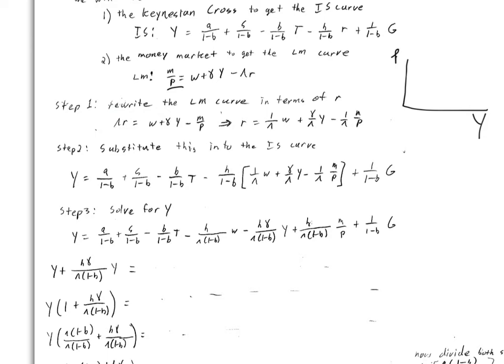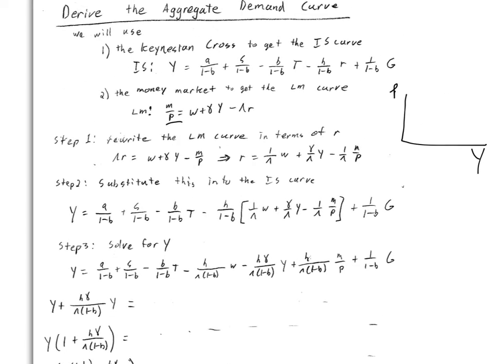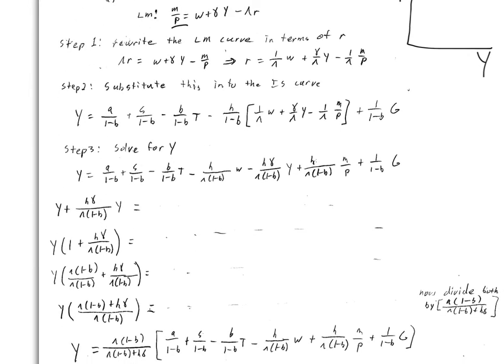Next step, we move down and we put this R that we've solved for into the IS curve, right there. Okay, so I've just repeated the IS curve in its pieces, and then where R was before, I've substituted in for the LM curve. All we're doing from this point now is algebra.